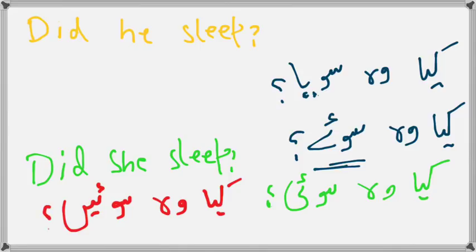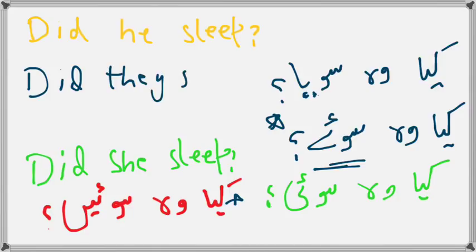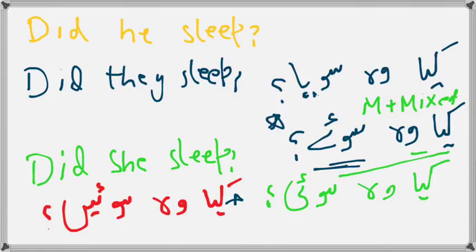Now, क्या वो सोए and क्या वो सोई are also used to ask a question, did they sleep? As we have already discussed, if we want to talk about a male or a mixed group, then we use this version, क्या वो सोए. But if we are talking about the female version, then we say क्या वो सोई.